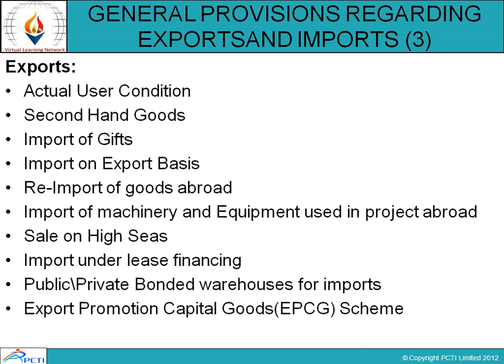Another is the import of machinery and equipment used in a project abroad. After completion of the project abroad, the project contractors may import used goods, including capital goods, without a license, provided they have been used for at least 1 year.